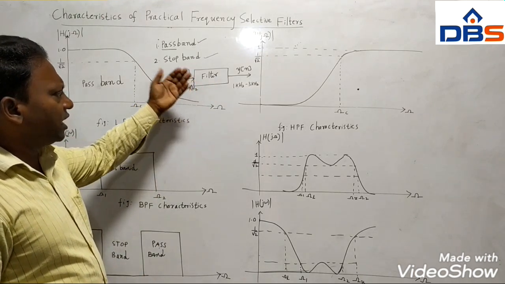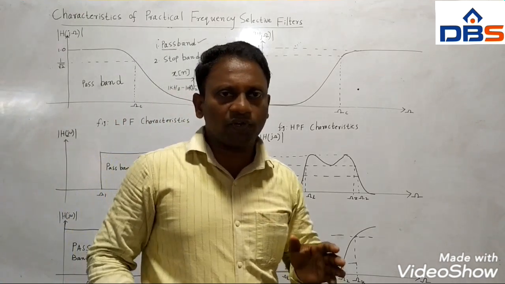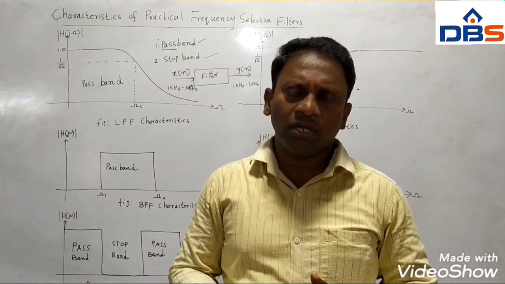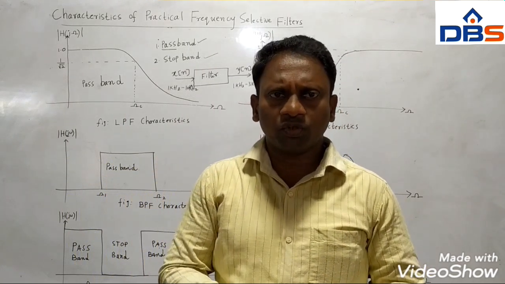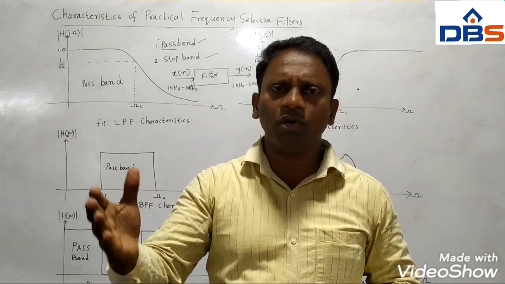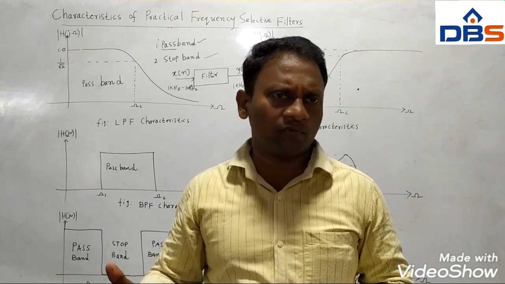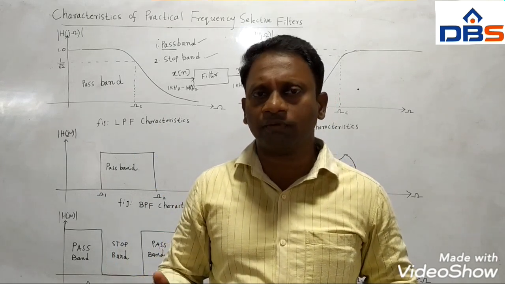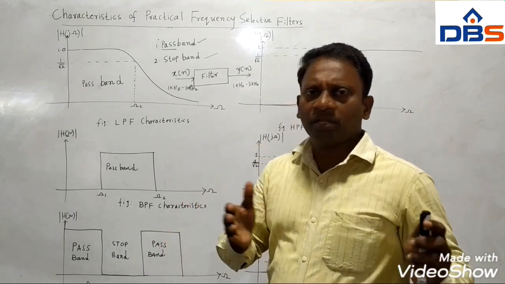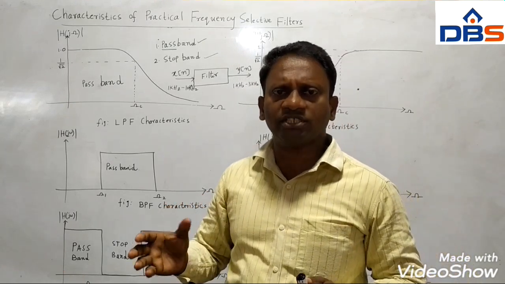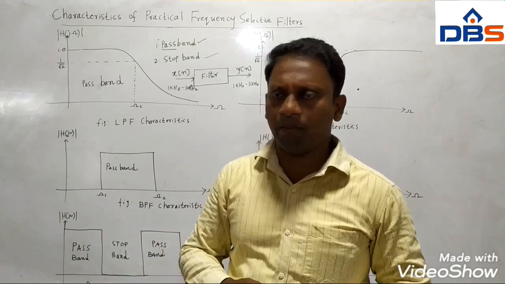Now, you can have different ranges like that. If you take a voice signal, the frequency range is 300 Hz to 3.4 kHz, or 3400 Hz. If you want to send only the speech signal, we allow only 300 Hz to 3400 Hz and block all other frequencies. So 0.3 to 3.4 kHz is the pass band, and all other frequencies come under the stop band.